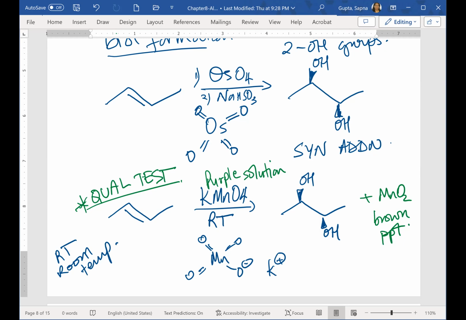The other problem with osmium tetroxide is that it's very toxic. Five minutes of exposure to osmium tetroxide can cause death. So you have to be very careful when you're working with certain reagents. You have to read about their safety.